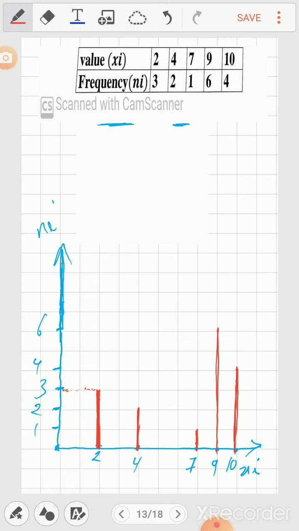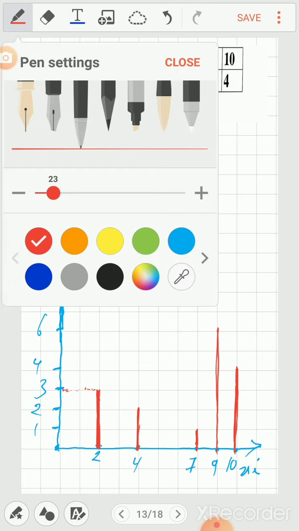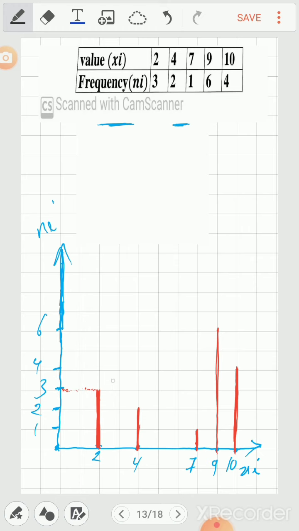Okay, this is called the bar graph or histogram of a frequency. Now we have to construct the polygon with another color, in black. For the polygon, we join this point with this by the ruler.